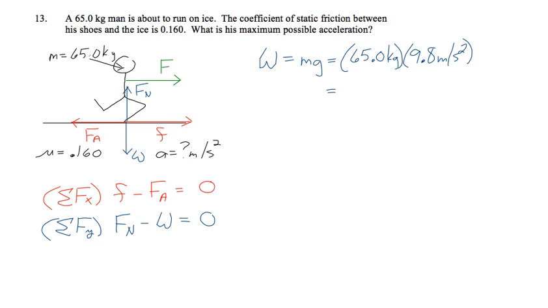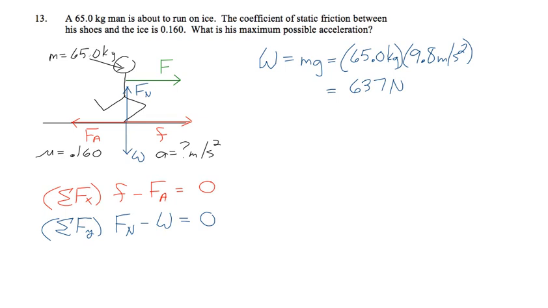And if I multiply 65 times 9.8, what do I get? I get 637. So 637, there is the weight.